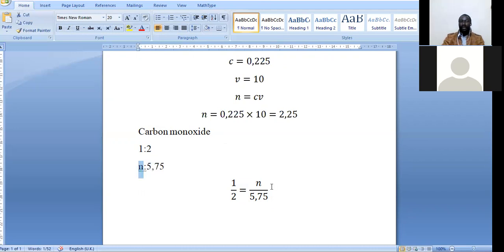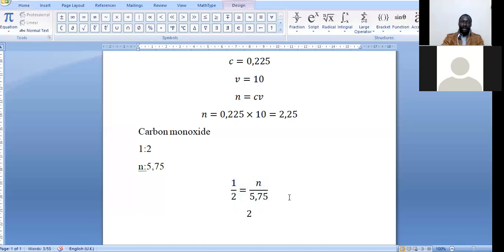What we do at this point is cross multiply. We have 2 times n equals 1 times the other quantity. 2 times n is 2n, and the other side is 1 times 5,75, which stays as 5,75.